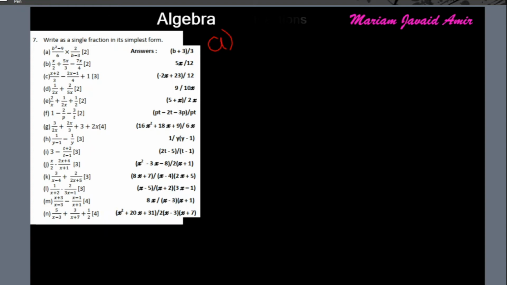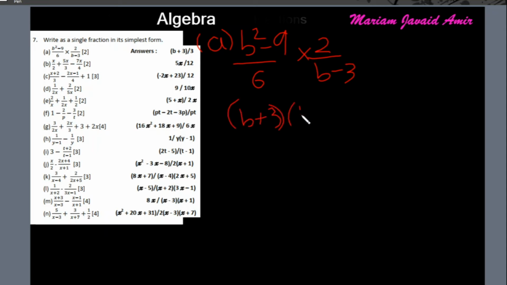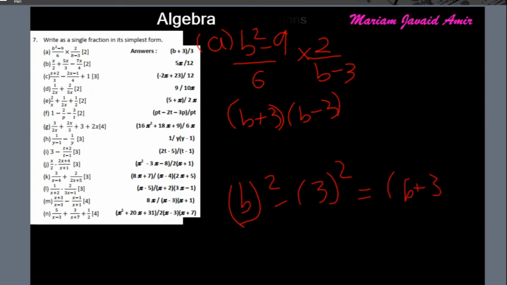Part A. Write as a single fraction in its simplest form. So b square minus 9 over 6 times 2 over b minus 3. So the numerator at the left when factorized will become b plus 3, b minus 3, because it's b square minus 3 square, which equals b plus 3, b minus 3 by the formula a square minus b square equals a plus b times a minus b.